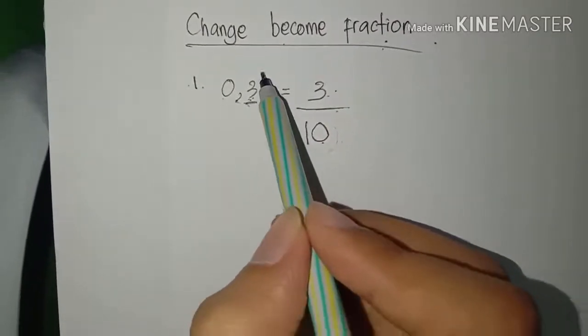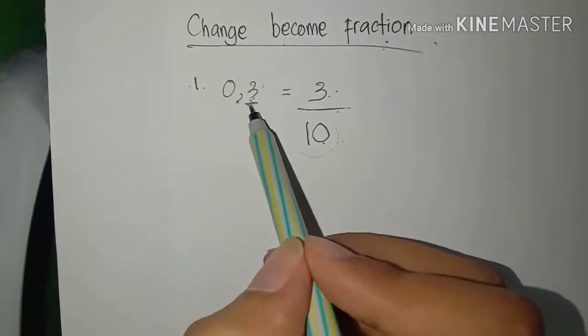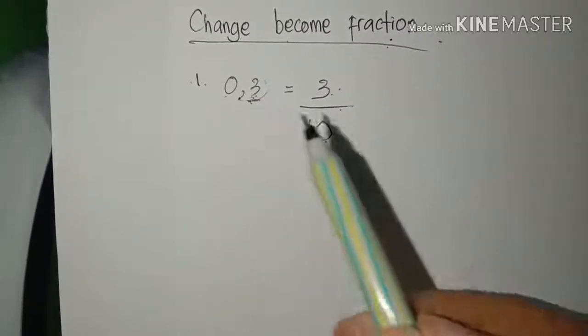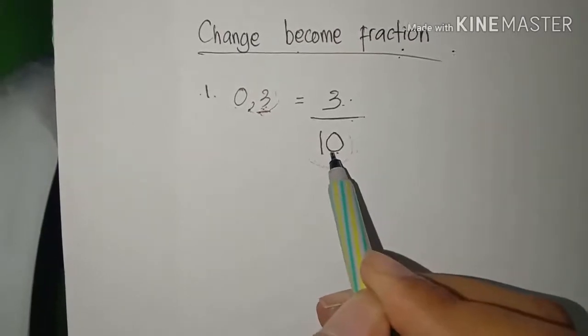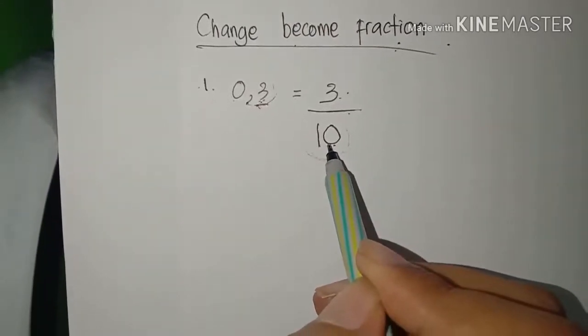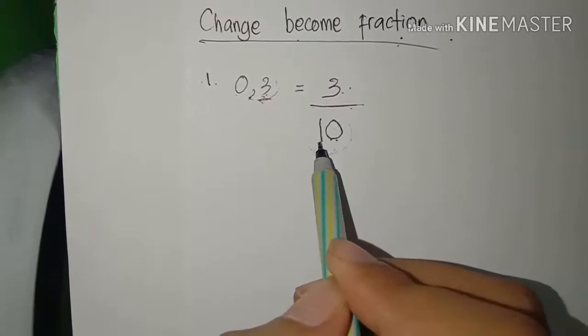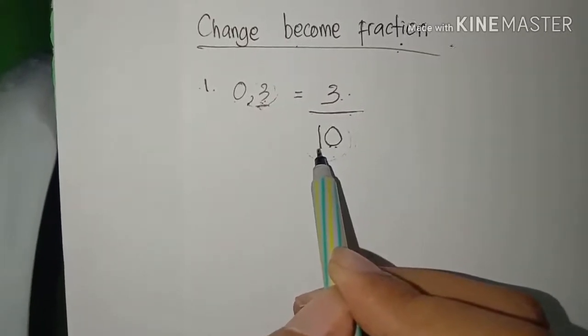Okay, just one number. So you can write just 1 zero, and then add 1 in front of the 0.